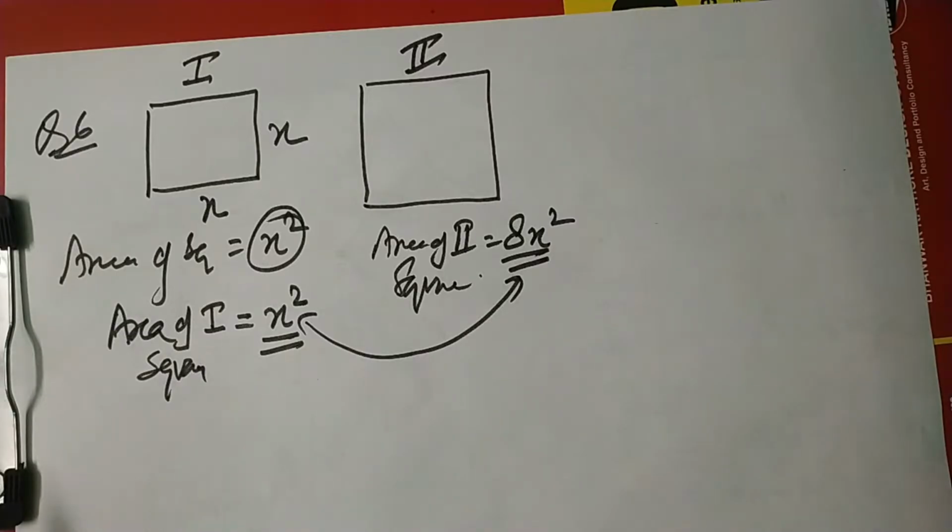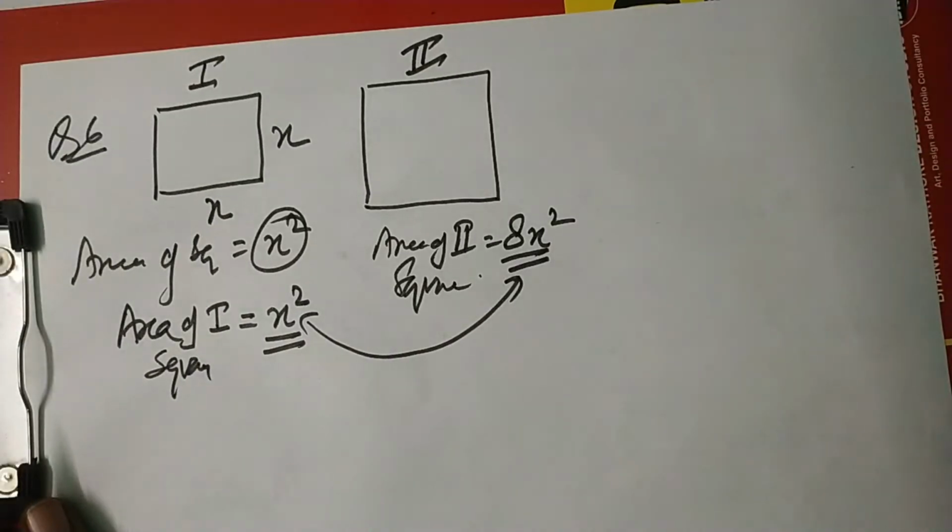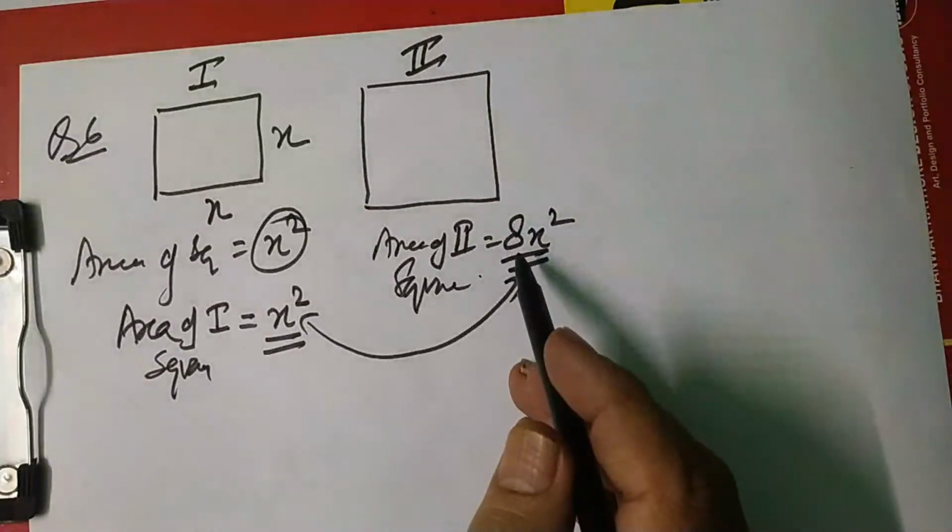That is the question. How many times do you have to apply the Pythagoras theorem so that you get the area? How will you tell? You get the answer 8 times.